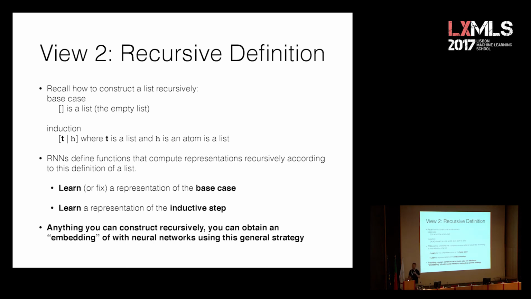And that can be learned, or it could be the zero vector, or some other vector which we might have reason to use. And then we're going to have a representation of the inductive step. In the case of the RNN, we've got a representation of the prefix T, and we're going to be adding one new element, H, which I probably should have called X here.